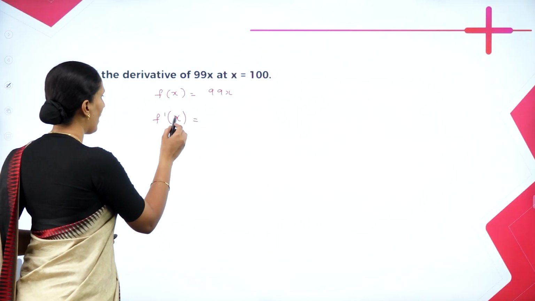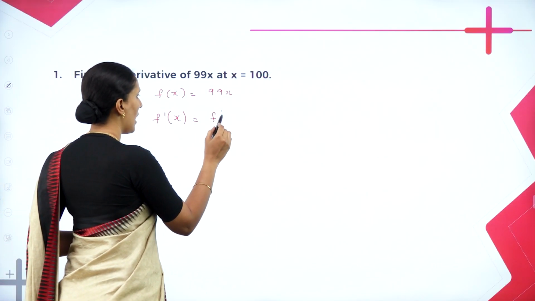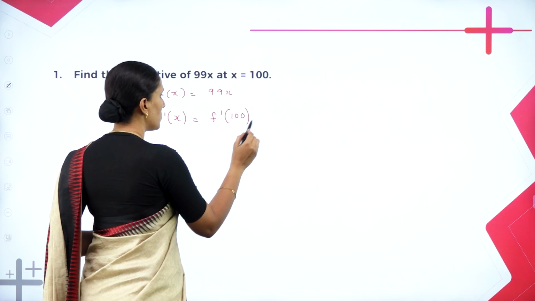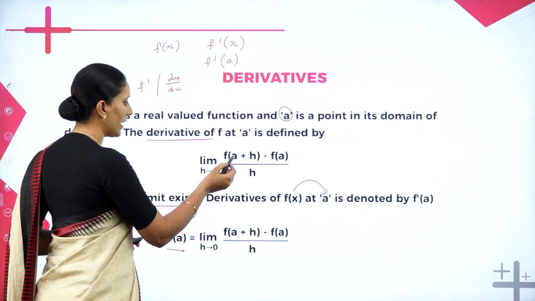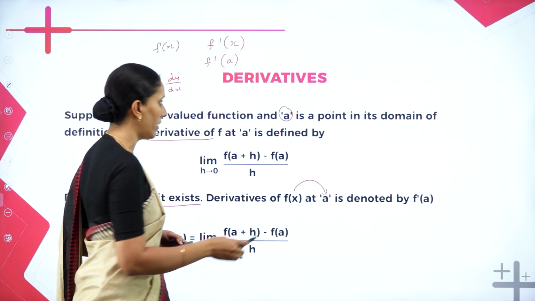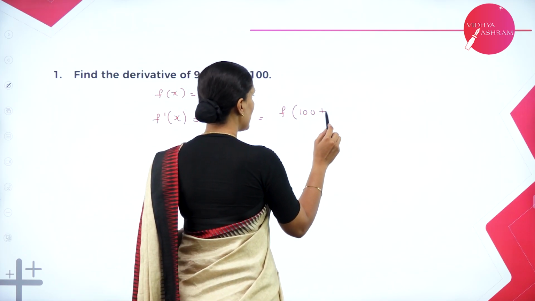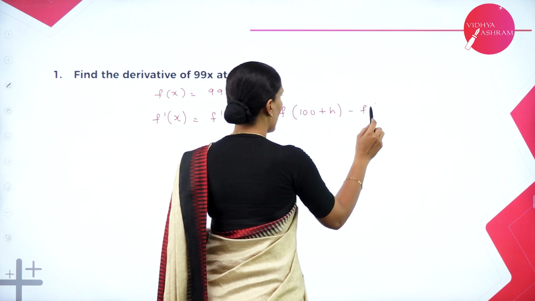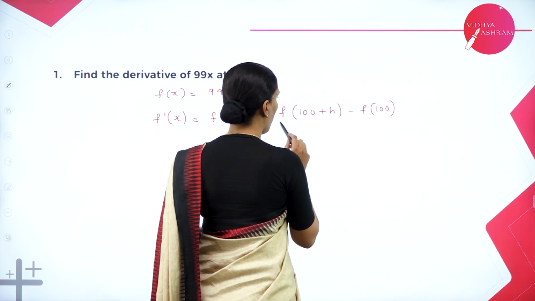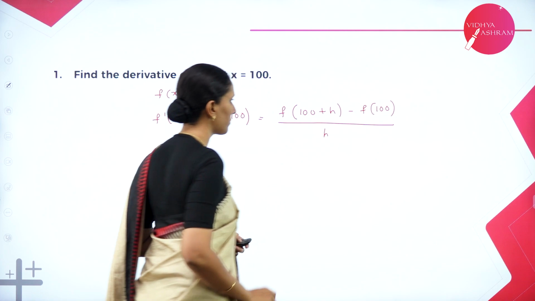Here the value of a is 100. So wherever you find a, there you should substitute 100. So this becomes f of 100 plus h minus f of 100 whole divided by h.